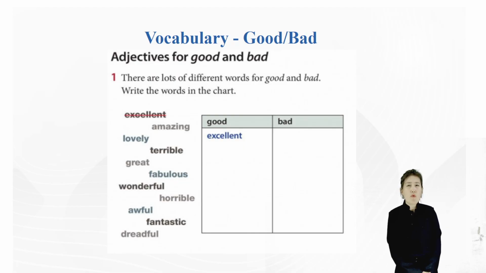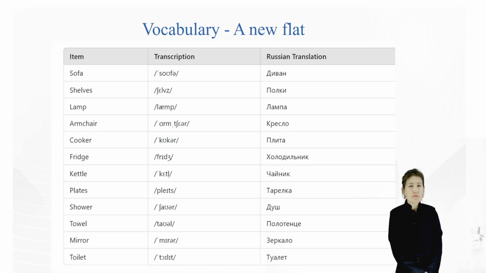Now let's move on to words that describe something negative or bad: terrible, horrible, awful, dreadful. Practice categorizing and using these words to improve your English vocabulary.